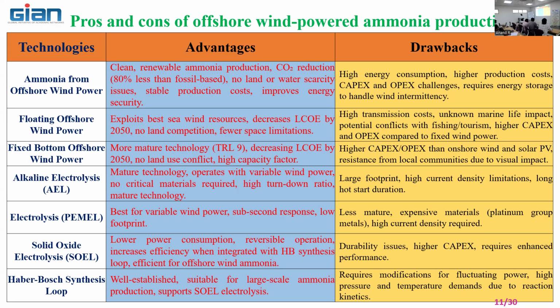High transmission cost, because the plant is located in the sea. If it is located on land, you can easily transfer to the grid, but if it is located some kilometers away from the land, you need to transport the electricity, and you have to pay extra cost for that. Because water is conductive in nature, you need to go for highly insulative or non-conductive cables to transfer the energy.